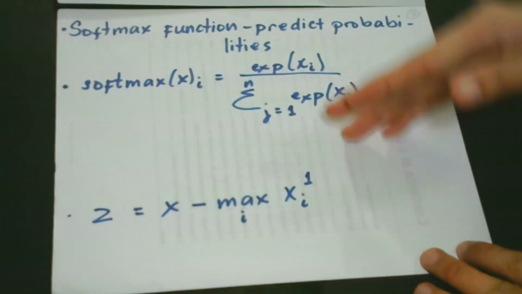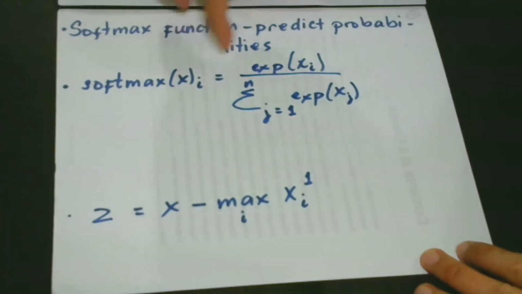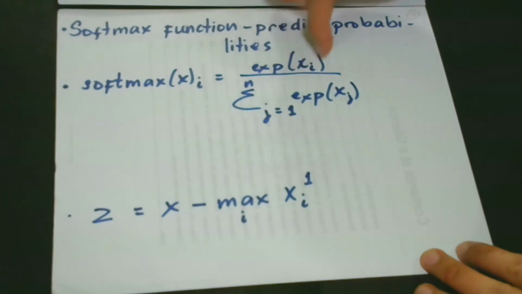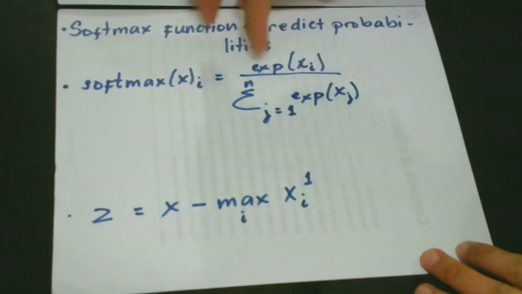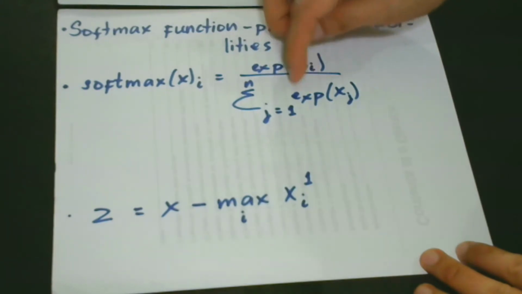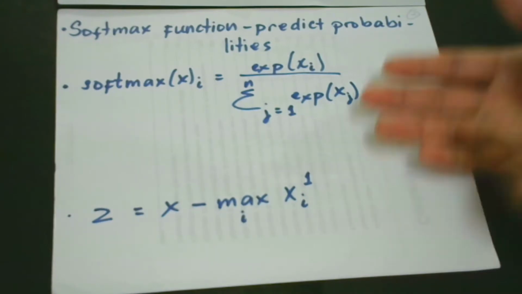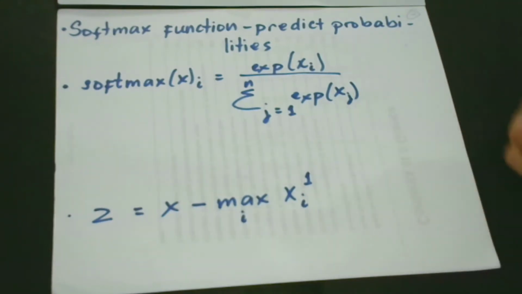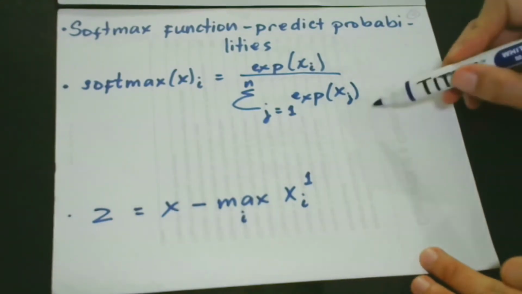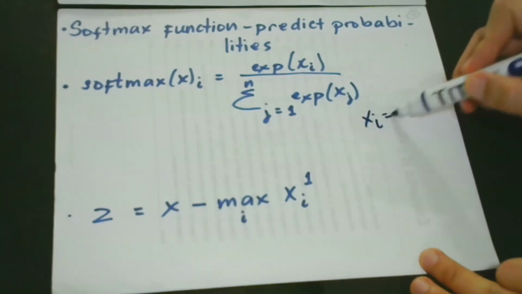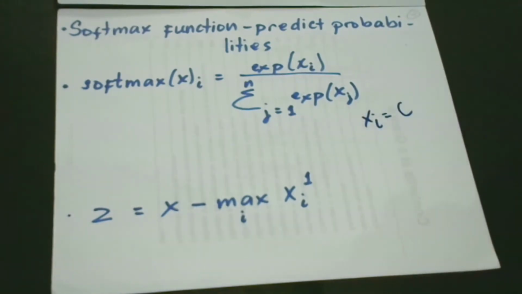We have softmax of xi is equal to exponential xi over the summation of exponential xj. Let me note that xi is equal to a constant c. Let me write here, xi is equal to a constant c.